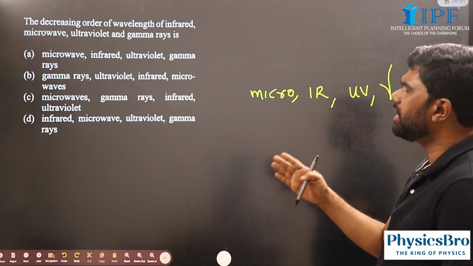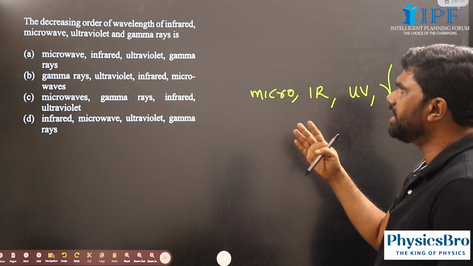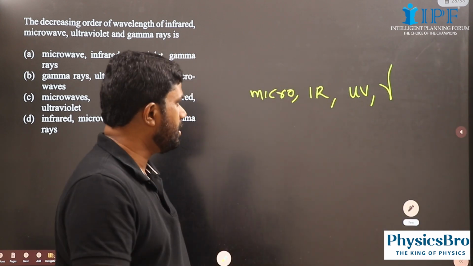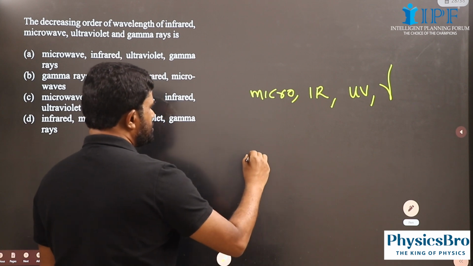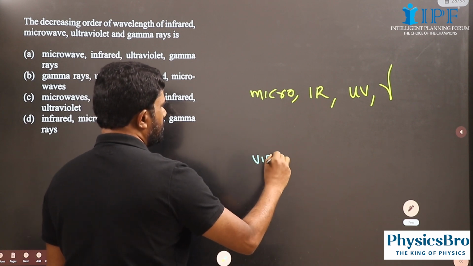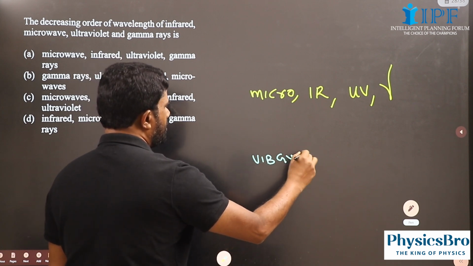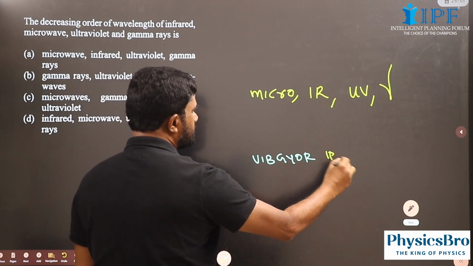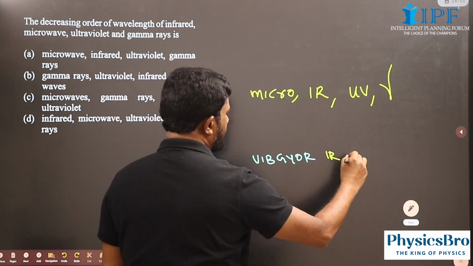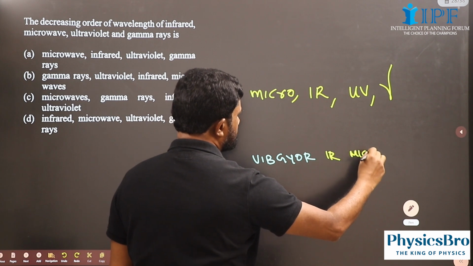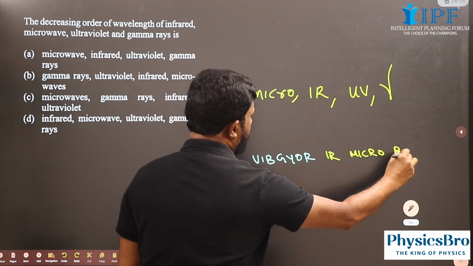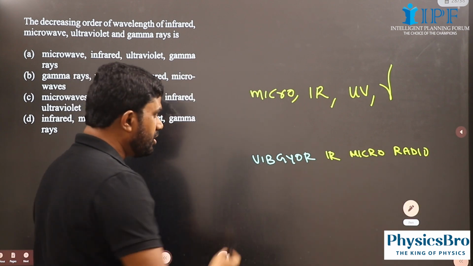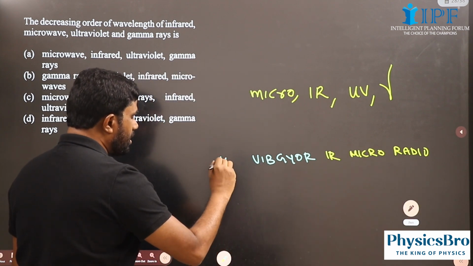Next, the decreasing order of wavelength: infrared, microwave, ultraviolet and gamma rays. Children, we have the visible spectrum, that is VIBGYOR. Beyond red we have infrared, then we have microwaves, and radio waves on the right side. Beyond violet we have ultraviolet.